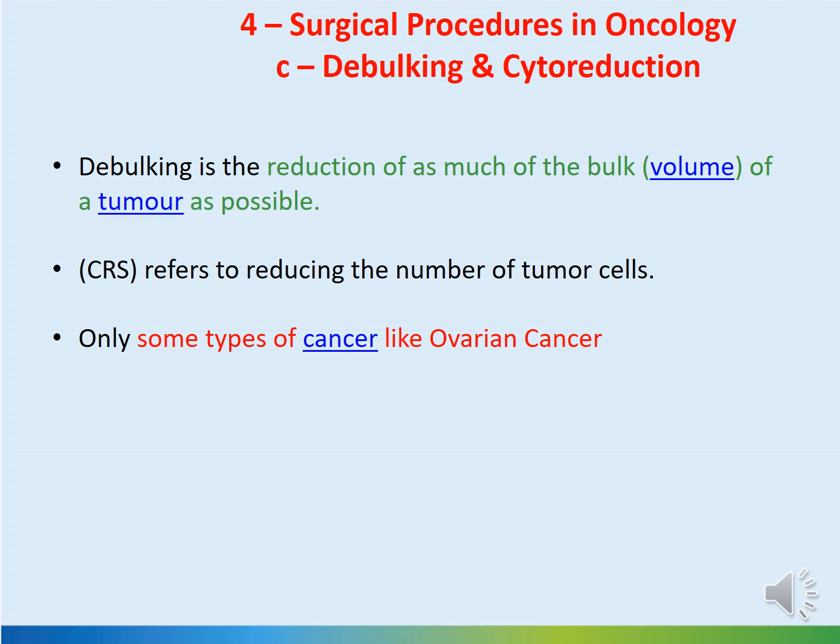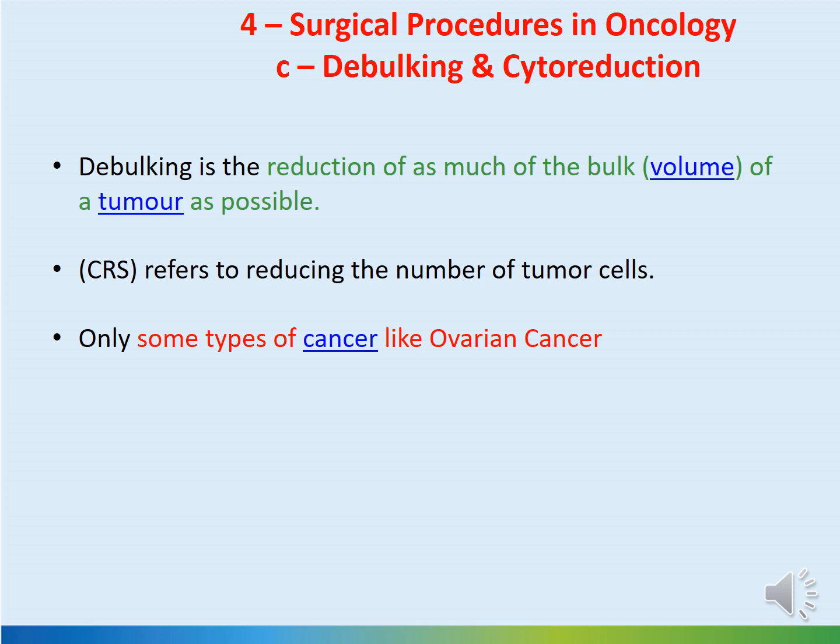Number three of the surgical procedures to treat cancer, after the curative treatment and after the palliative treatment, is something we call debulking or cytoreductive surgery. Actually, this debulking or cytoreductive surgery is in the middle between the curative surgery and the palliative surgery. That means in some types of cancer, it's accepted not to remove all cancer cells. It's accepted to debulk the tumor and remove the maximum volume of tumor if possible.